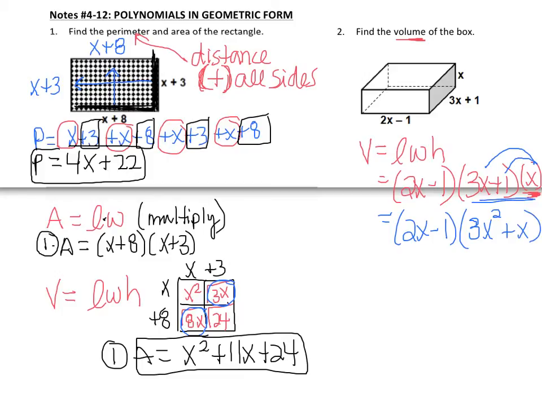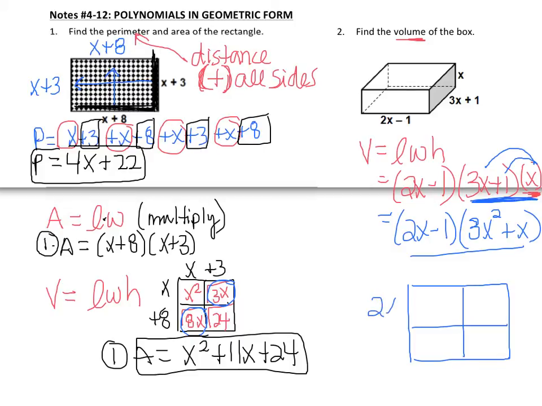I went ahead and did this part first, and now I'm going to do this. I want to make my box. I'll put 2x minus 1 on this side, and then on the top 3x squared plus x. Remember, it doesn't matter which side you put the polynomial on, just as long as you multiply them together correctly. In this first box I have 3x squared times 2x, which is 6x to the third.